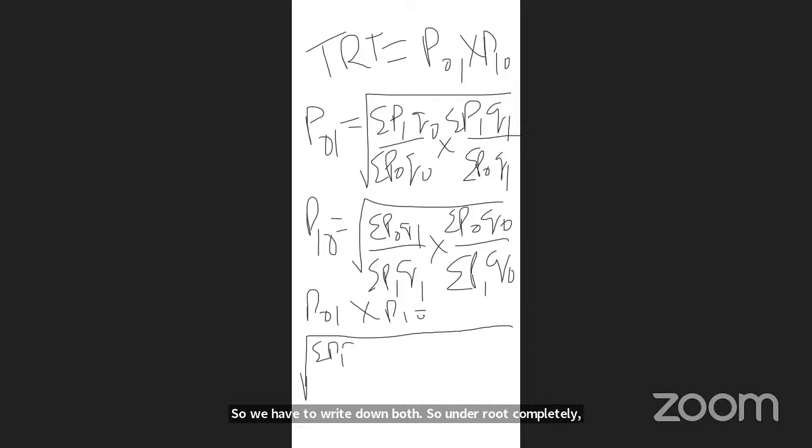Sigma P1 Q0 divided by sigma P0 Q0 into sigma P1 Q1 divided by sigma P0 Q1 into sigma P0 Q1 divided by sigma P1 Q1 into sigma P0 Q0 divided by sigma P1 Q0.